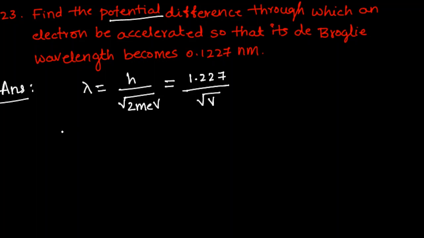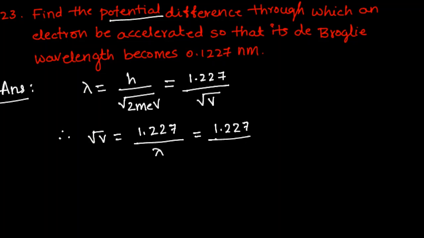Now we have to find V. Therefore from this equation we can write square root of V is equal to 1.227 divided by lambda. I send this square root of V to this side and lambda here. Lambda value is 0.1227, so this will become 10.